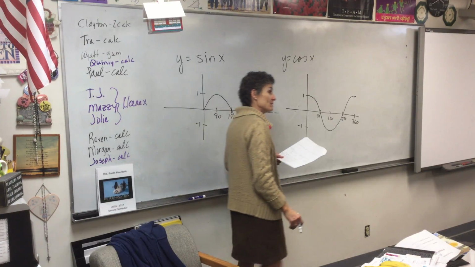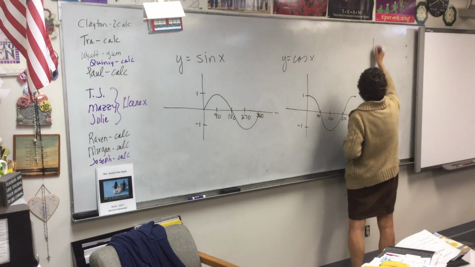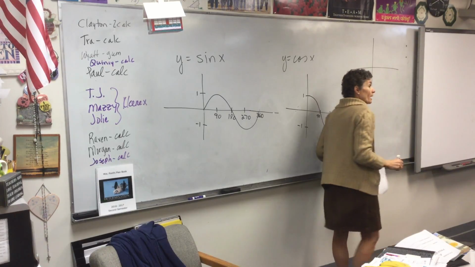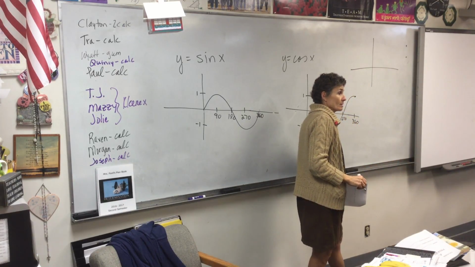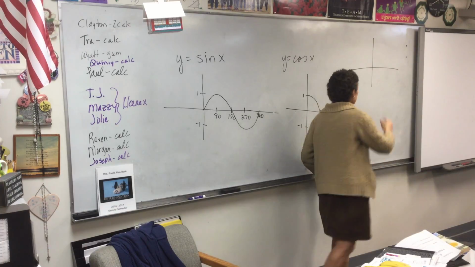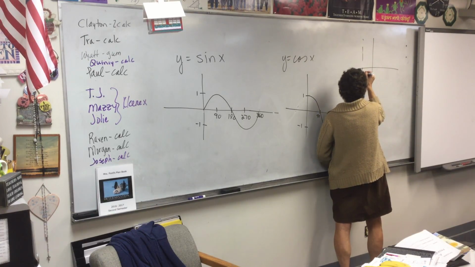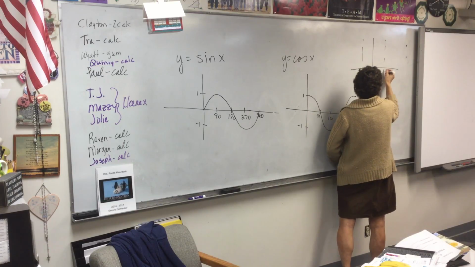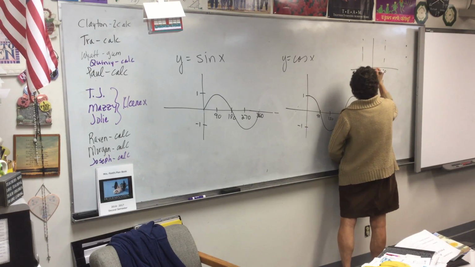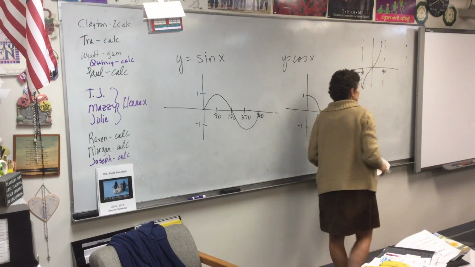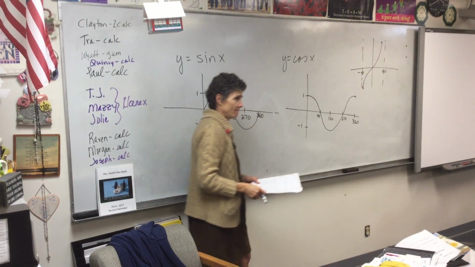And then one more. Now the tangent is brand new to you because it's not a BFF, right? The tangent has an asymptote at negative 90 and an asymptote at positive 90 and goes through the origin like that. So it looks like your cubic function.